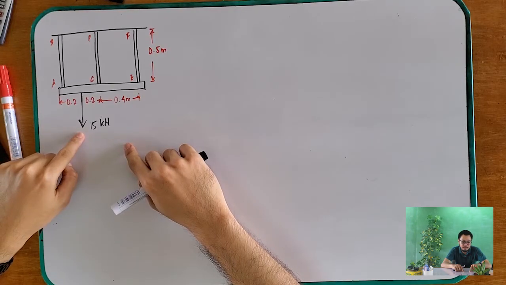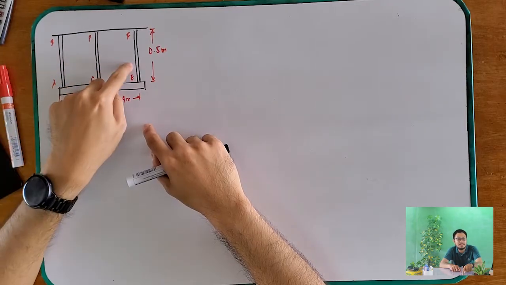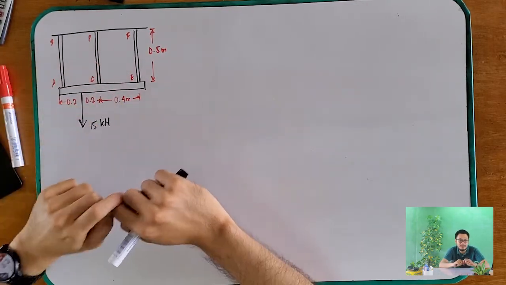If a load of 15 kilonewtons is applied to this point, then we are asked to determine the forces developed in each of the three bars. Given that bars AB and EF have a cross-sectional area of 50 millimeters and bar CD has a cross-sectional area of 30 millimeters.